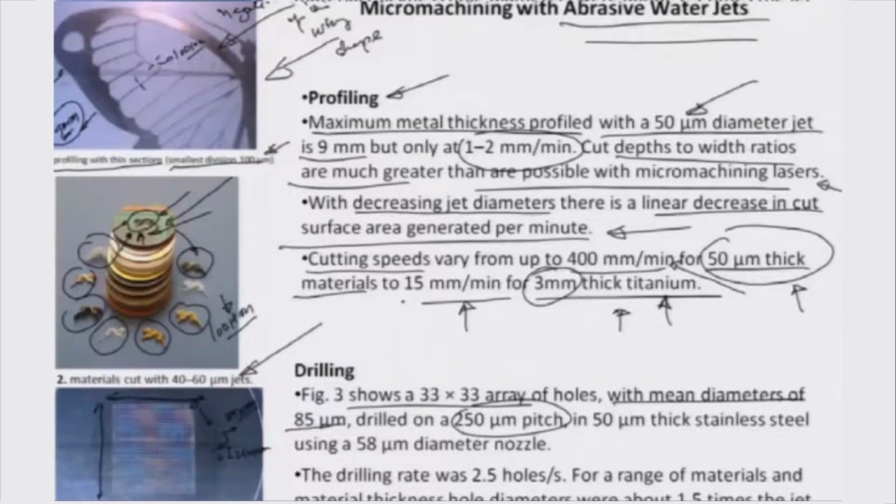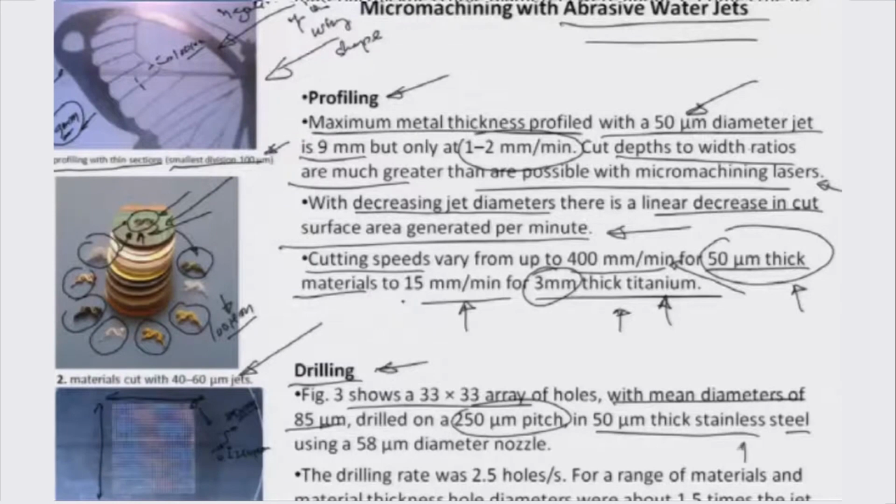Okay. So, you can think of the resolution given by a combination of the mask which has been designed and the jet in this particular case. So this is an example of drilling using abrasive water jet micromachining processes, and this is actually done in a 50 micrometer thick stainless steel.